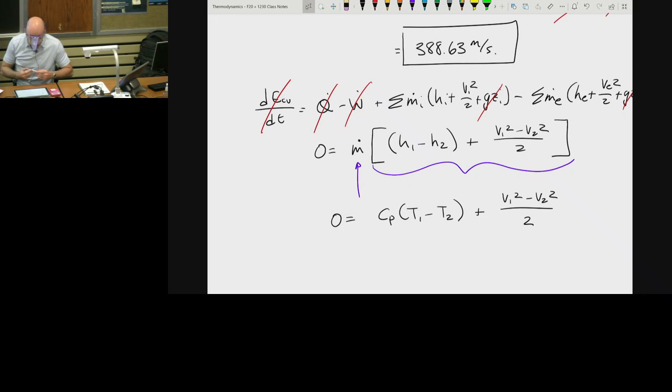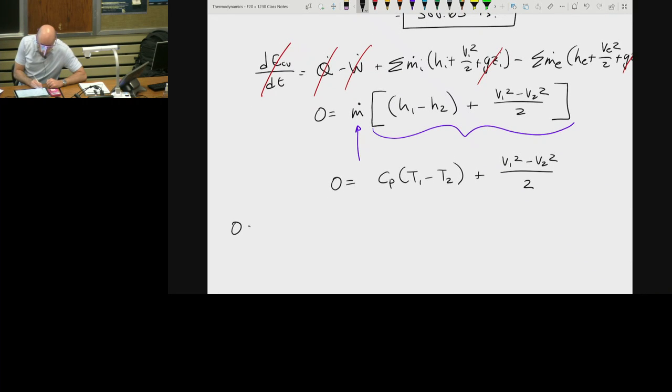Okay? So let's go and put some values in here. 0 is equal to 1.008 kilojoules per kilogram Kelvin times my T1, which was equal to 325 Kelvin, minus my T2, which I don't know.